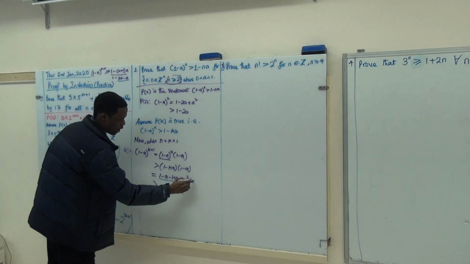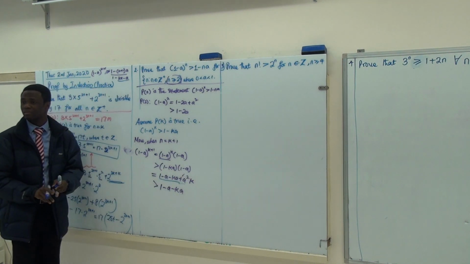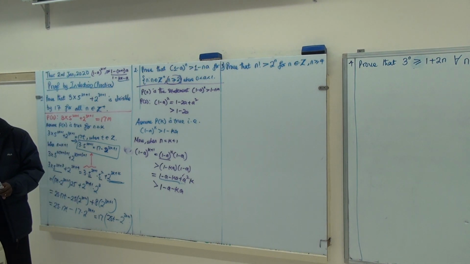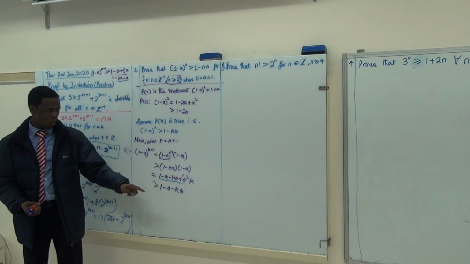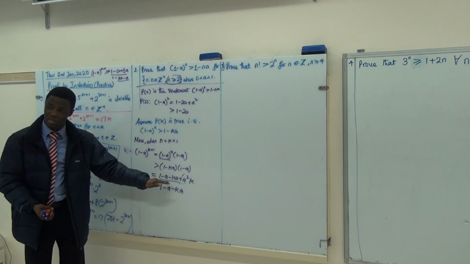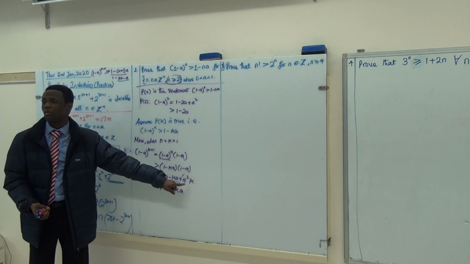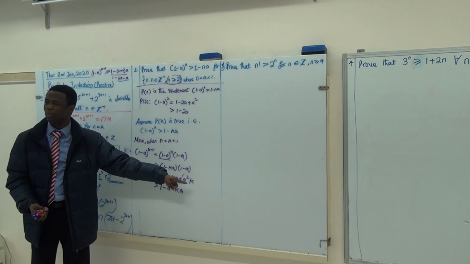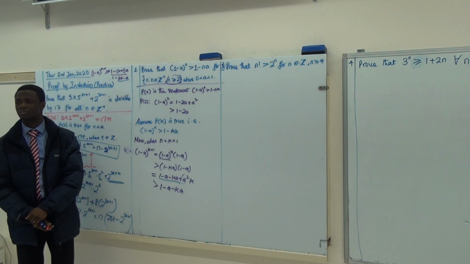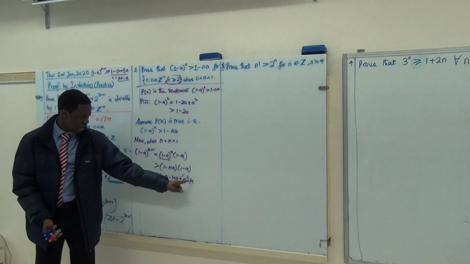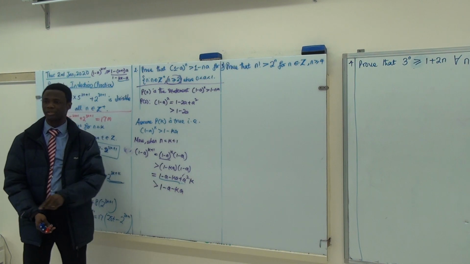What is the reason why this can be removed? Anyone? Because it's not like an equation. Why can I, because I just wrote the same thing ignoring this one. Why do you think it makes sense to remove this to achieve this greater? Why is this expression greater than this expression?